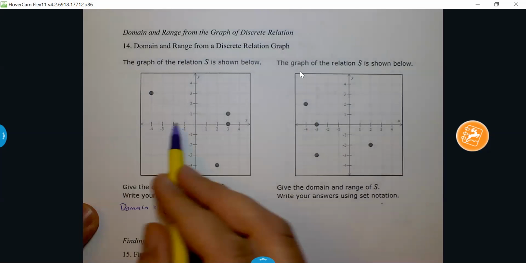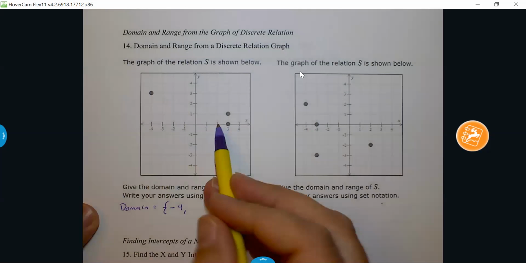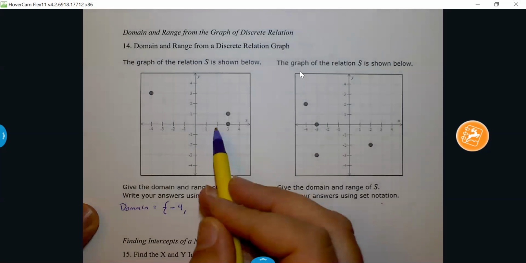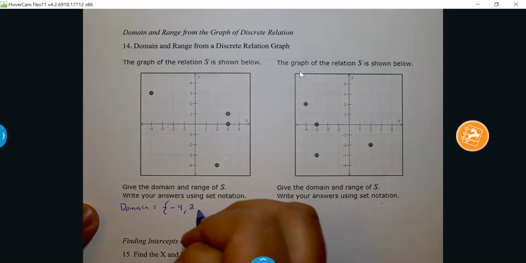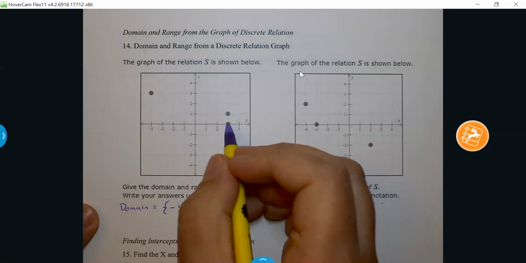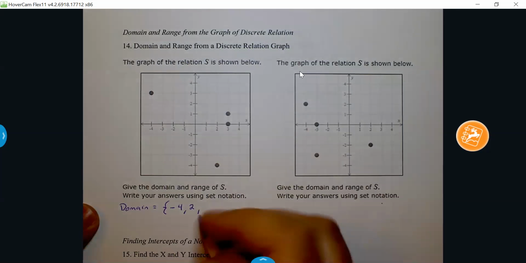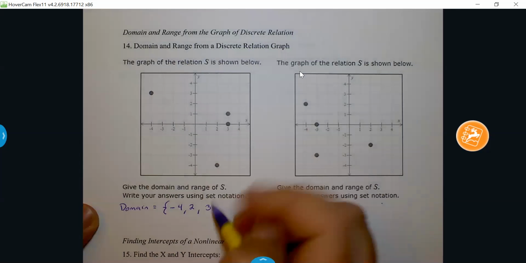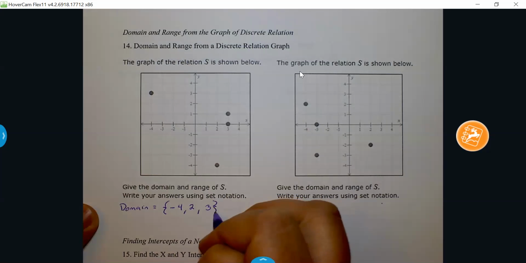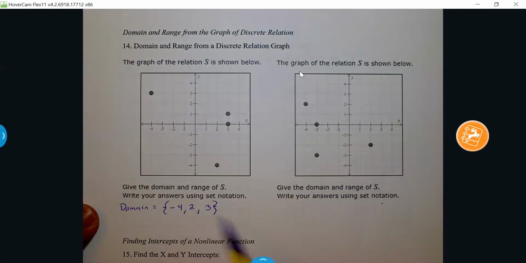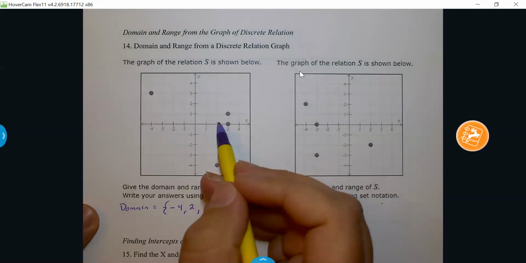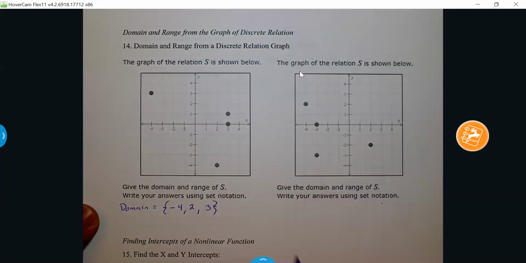We move over to the right, and it looks like the next one has an x value of 2. And then we have two dots that have an x value of 3. You don't need to write 3 twice. So it would just be -4, 2, and 3.